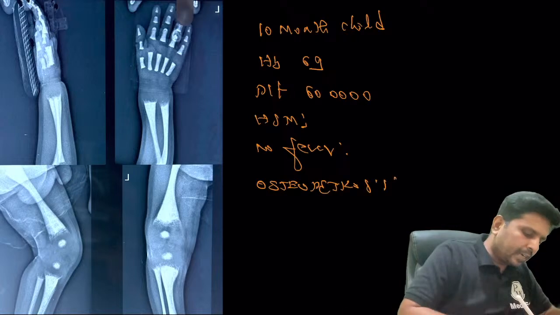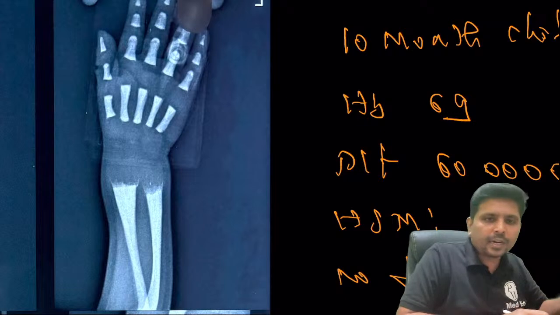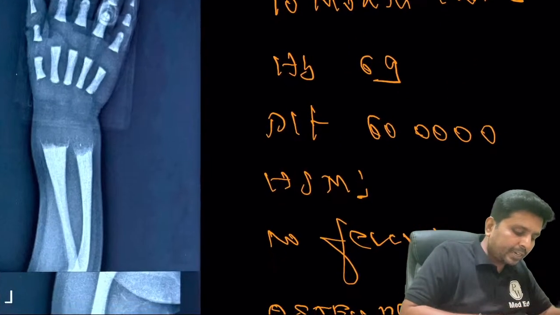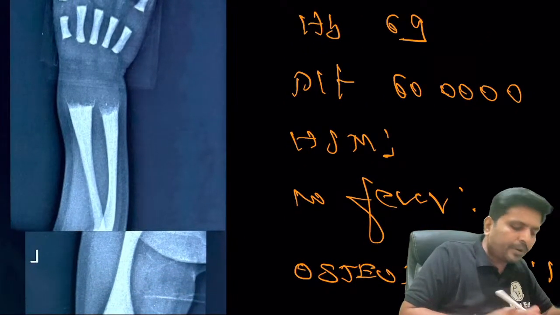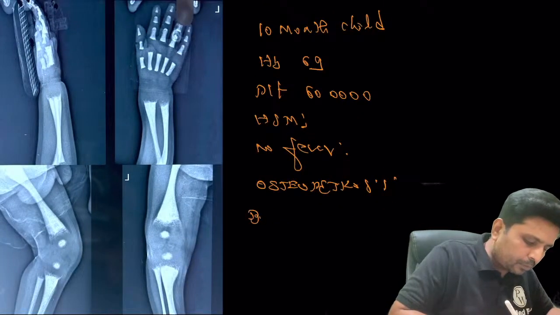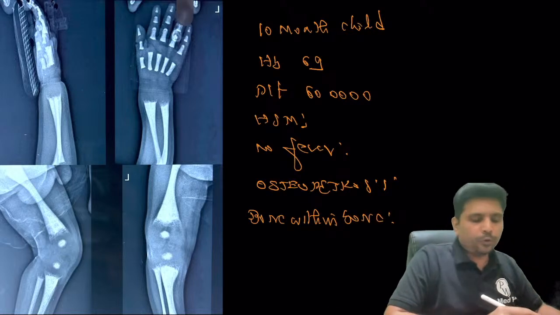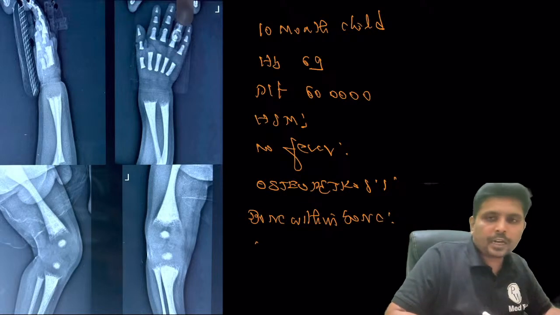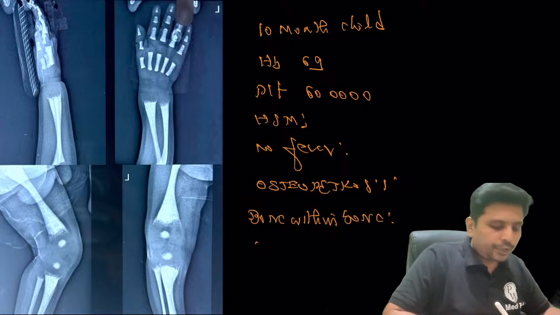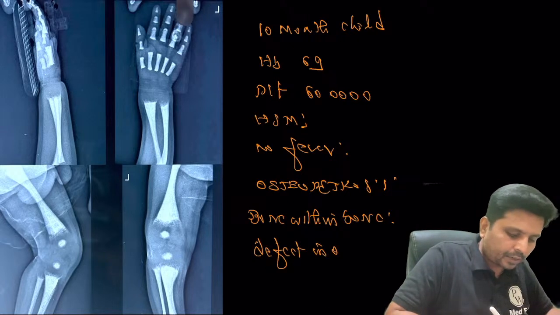Look at this, bone within bone. There is no medulla at all. It is not rickets. So this is bone within bone. This is osteopetrosis due to defect in osteoclast.